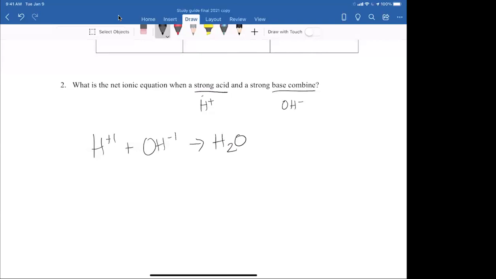So acid is very acidic, very low in the pH scale. Hydroxide is very high in the pH scale. So when you have something low in the pH scale and something high in the pH scale, they will together neutralize and form water.